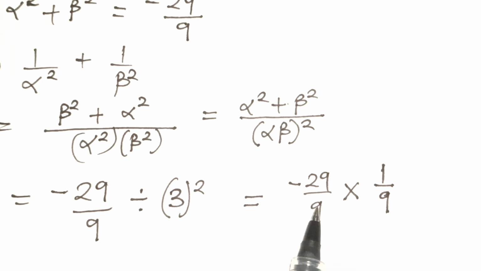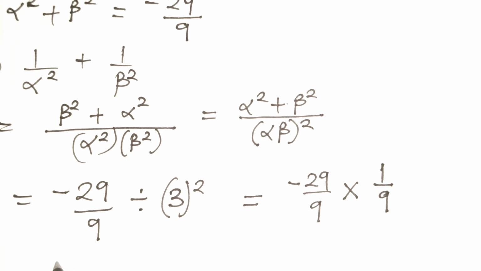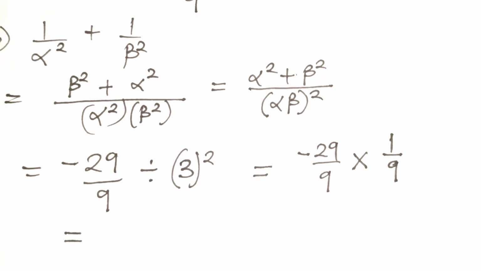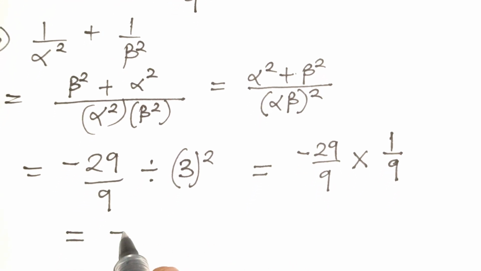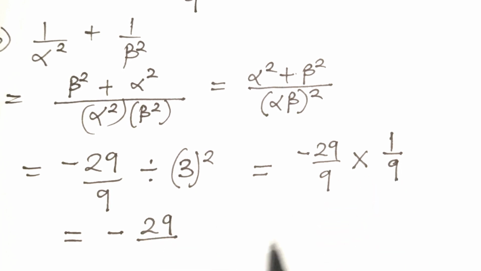So if I multiply out, I'm going to have minus 29 divided by 9 times 9 is 81.